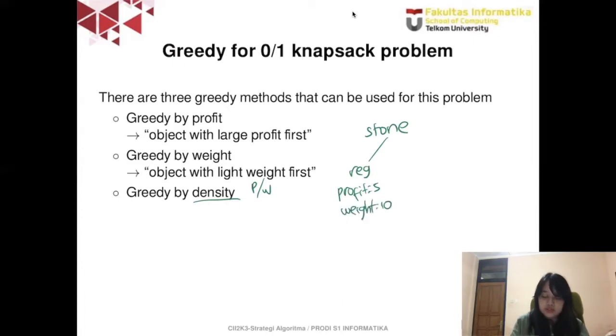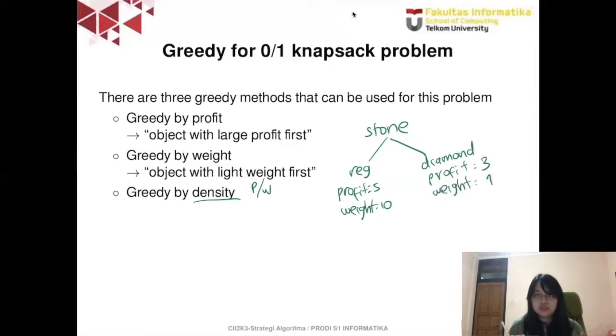But we also have a diamond that has a profit of, let's say, 3, but the weight is only 1. Which one is more valuable? Of course, this one, right? We can get a profit even if we only gain 1 kilo in the knapsack. So of course, this is more valuable.